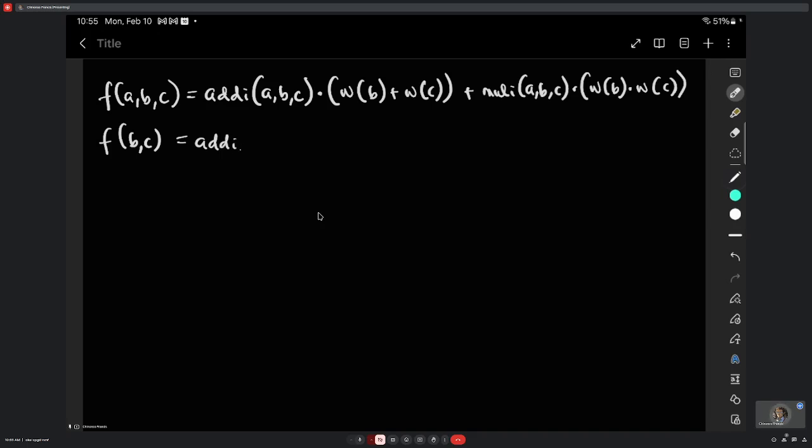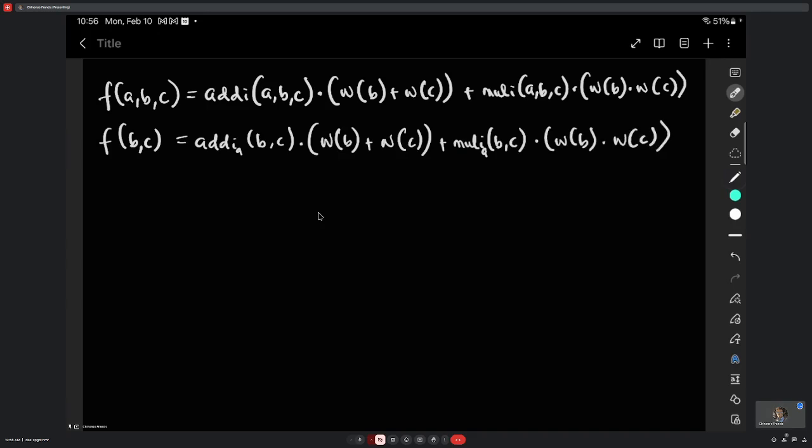Add I evaluated at a, b, c, right, times... Does it make sense to this point? Yes.